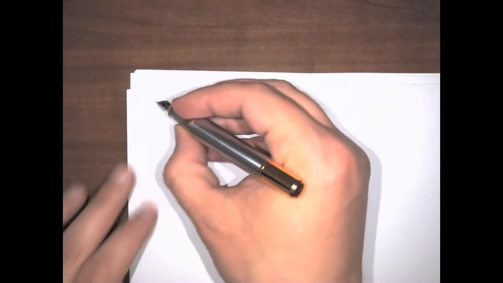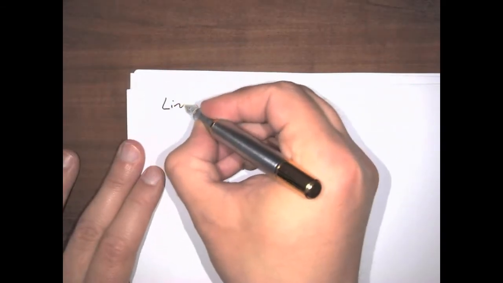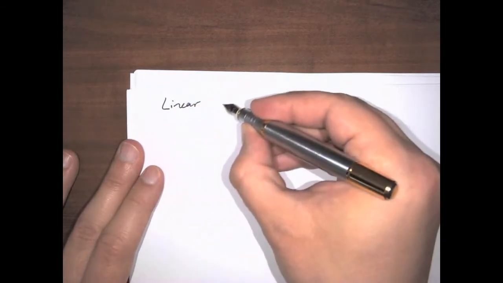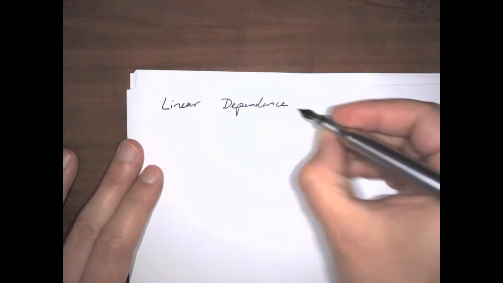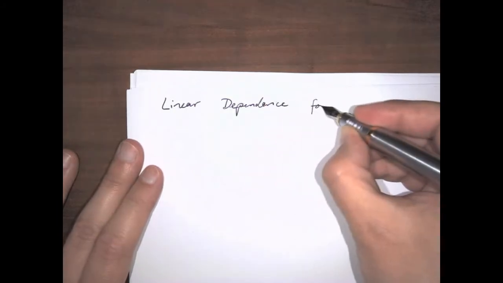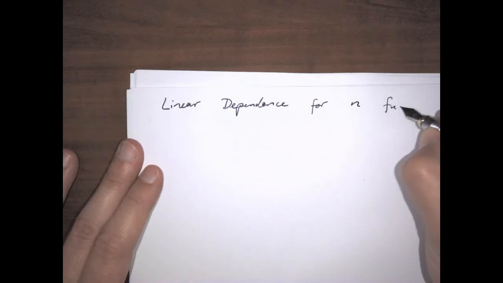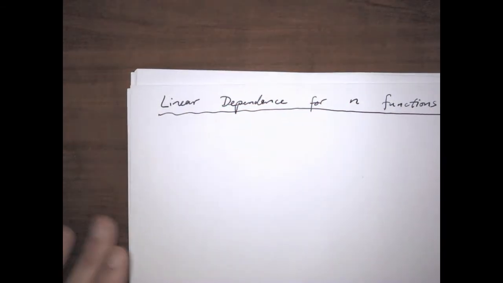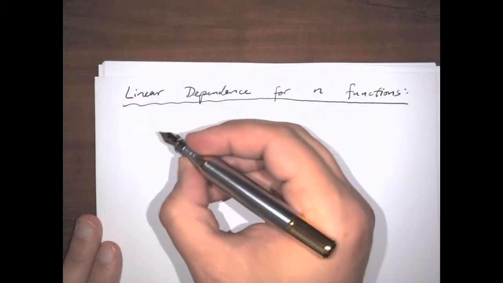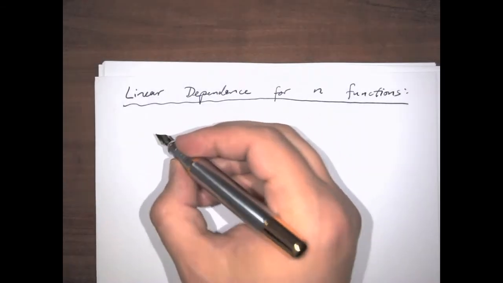Now, what does it mean specifically for n functions to be linearly independent of each other? So, linear dependence for n functions. What it means for n functions to be first linearly dependent.